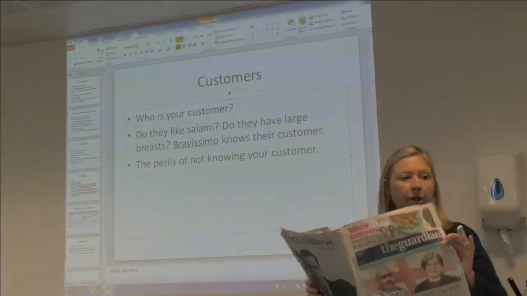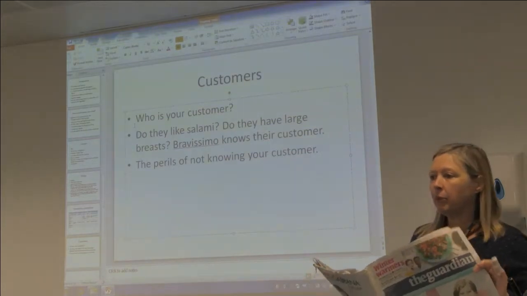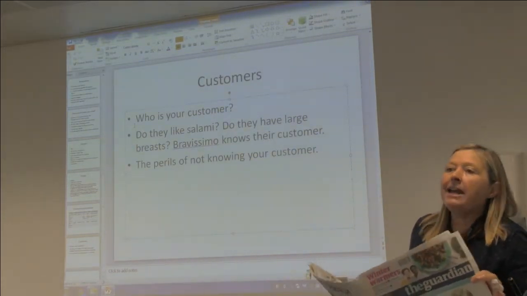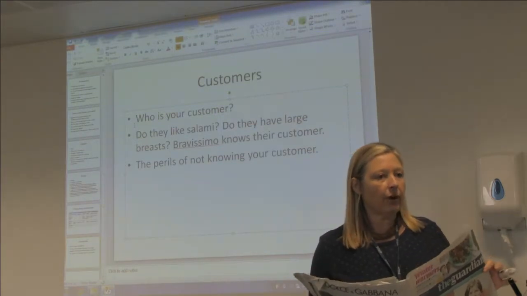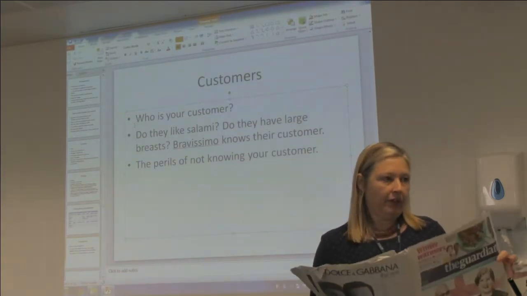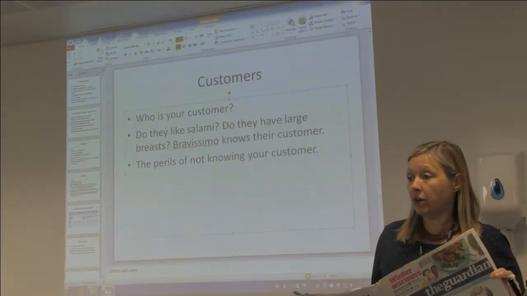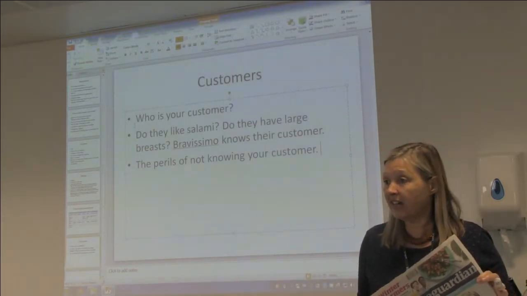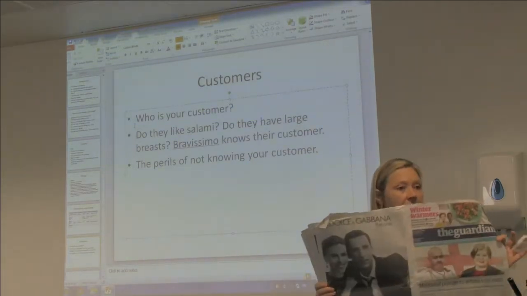Now, for Labour, who's the customer? For any political party, the customer is the voter. And the cool thing about being a politician is you actually only really have to go talk to your customers every 4 years, don't you? Because they don't talk to us otherwise, do they? Yeah. And this is a problem, because they're losing sight of their customers.